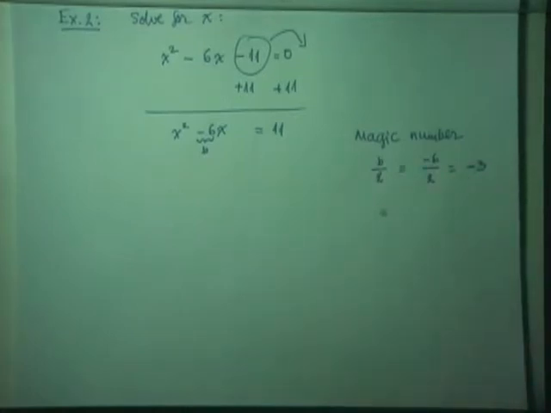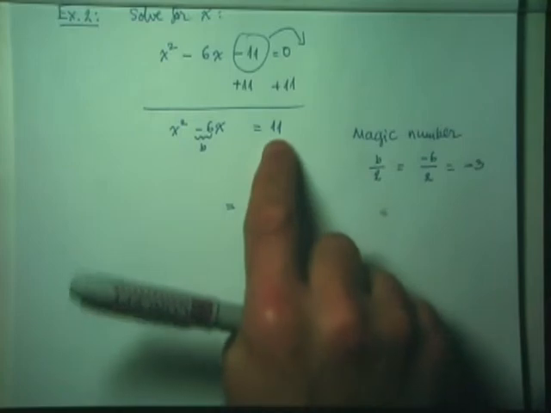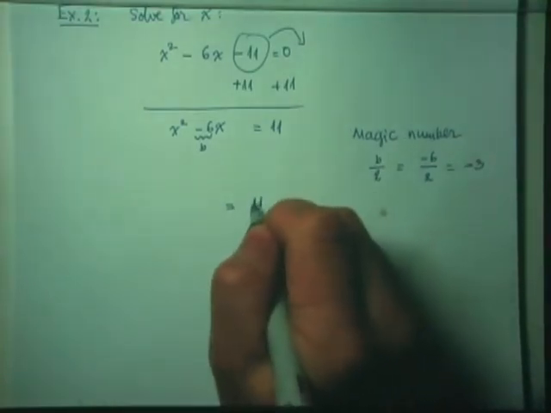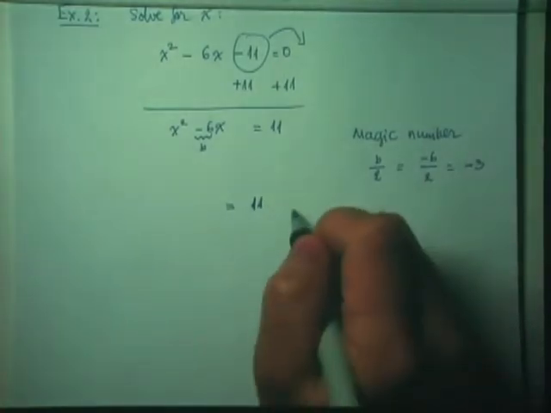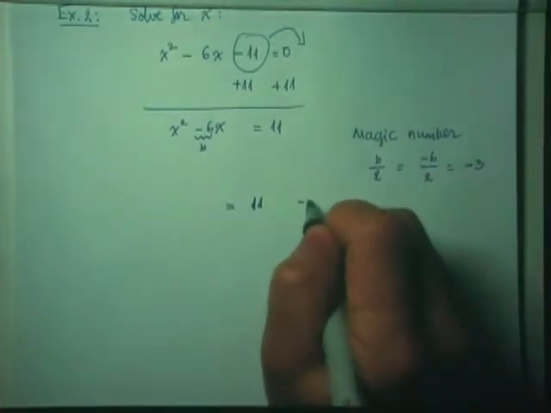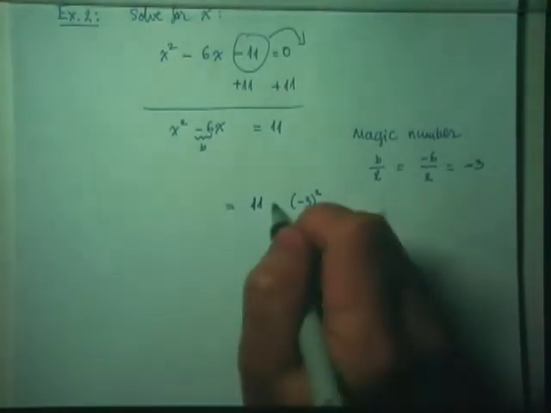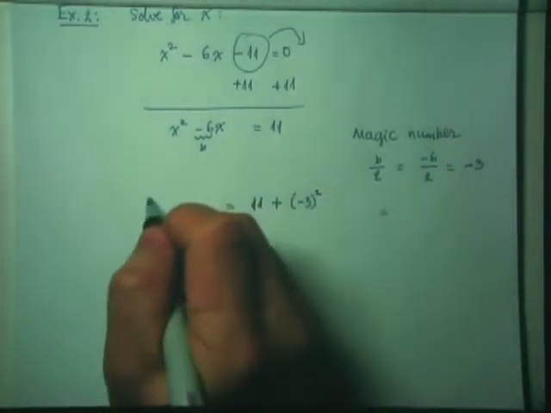And so now what I'm going to do with that magic number, on the right hand side of my current equation, my right hand side 11, I'm going to add the square of the magic number. The magic number itself is a negative 3. So I'm going to add the square of that, and I'm adding it to the right hand side. The left hand side is much easier.